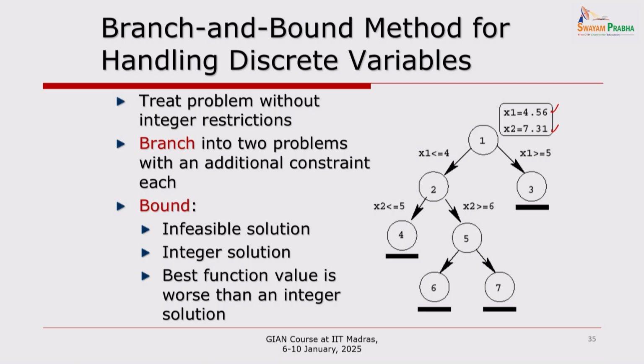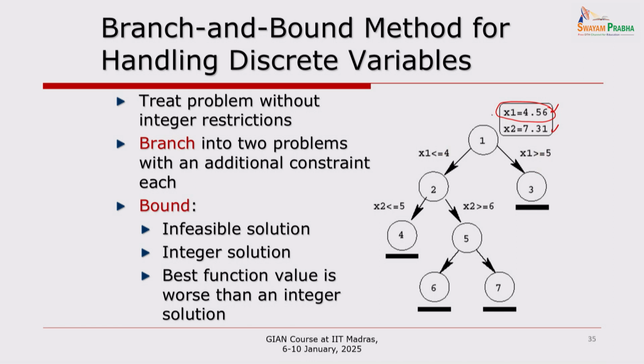So you say, okay, I can't use this solution as is, but I've got a good starting point. Then I can choose any one of the variables. Let's say this is my most important variable. I'm going to split it into two numbers, the floor and the ceil of the allowable value. The floor of this is 4 and the ceil of this is 5.